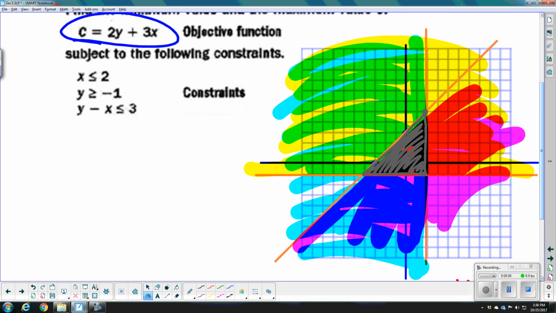So this point here is 2, -1. This is 2, 5. And this is -4, -1. Okay, so those are my 3 points, and I'll jot them down here too.